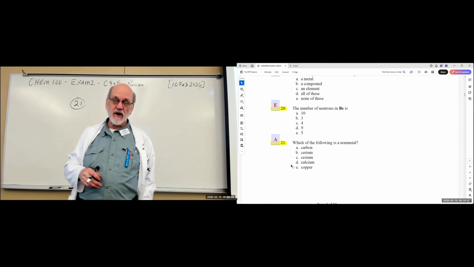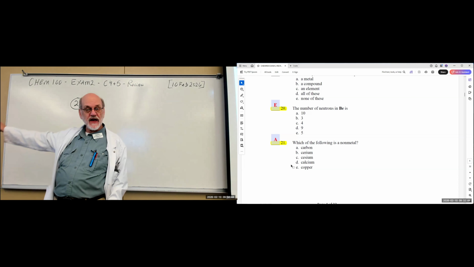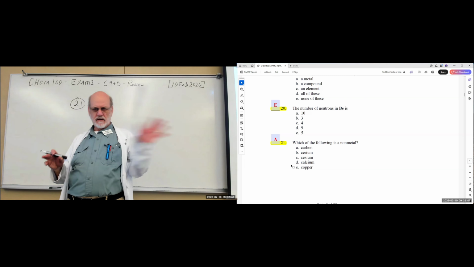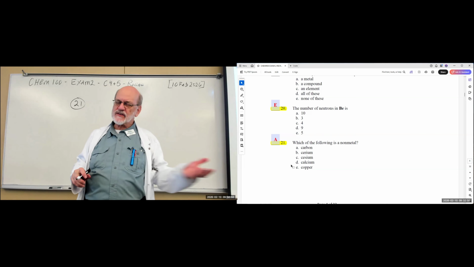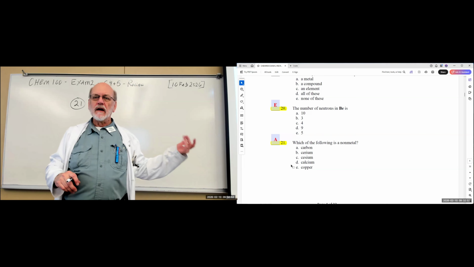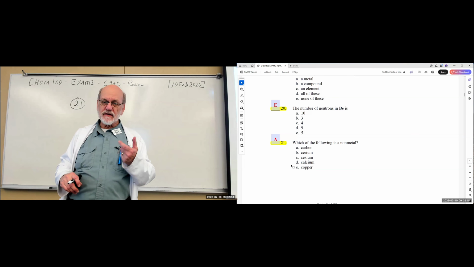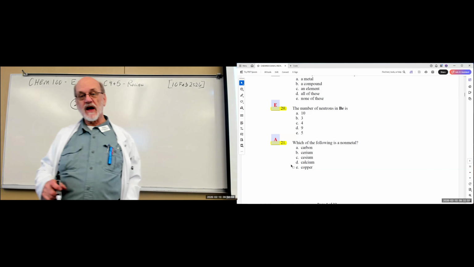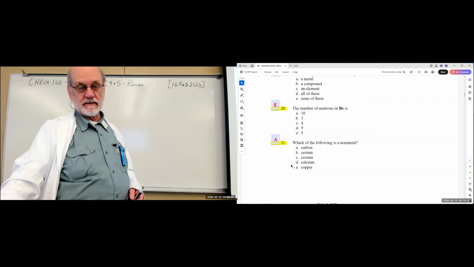Cerium, cesium, calcium, copper. Those are all on the left-hand side of the periodic table. The only one that's on the right-hand side is carbon. Carbon is a non-metal. The rest are metals.